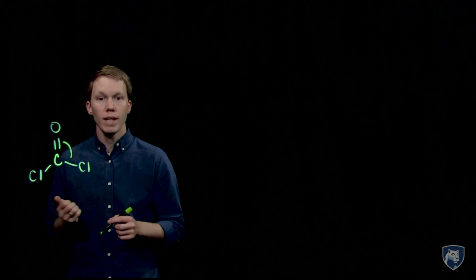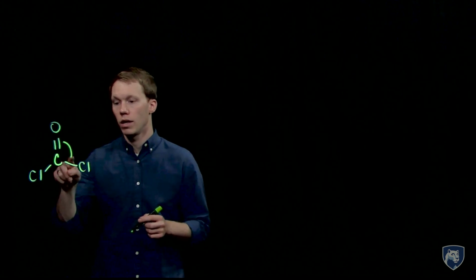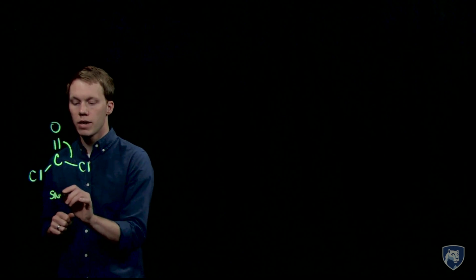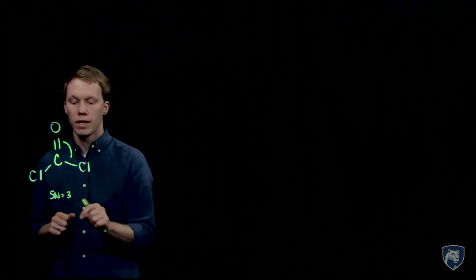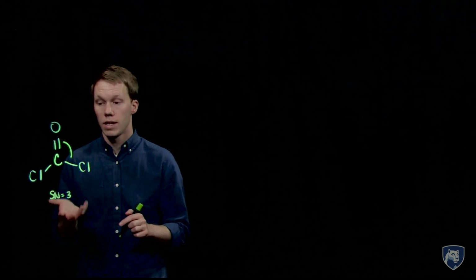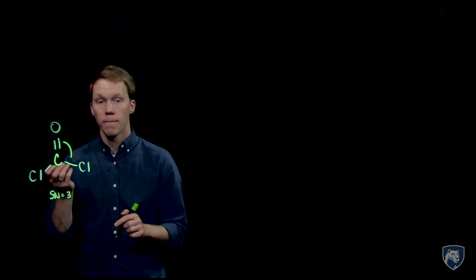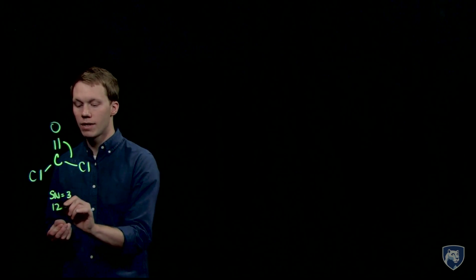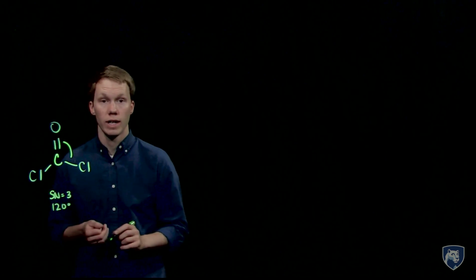So do we remember what the ideal angle is for trigonal-planar geometry? The steric number here is 3. We've got 3 bonding groups about that carbon. So that would lead me to see trigonal-planar geometry, and that has ideal angles of 120 degrees.